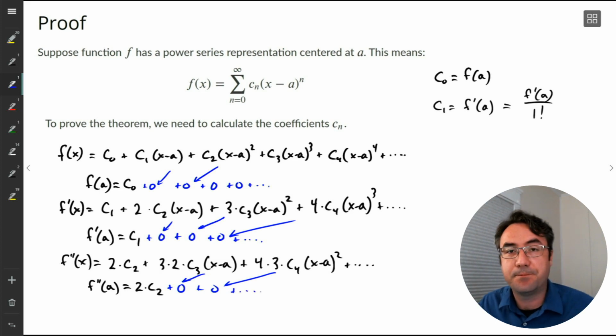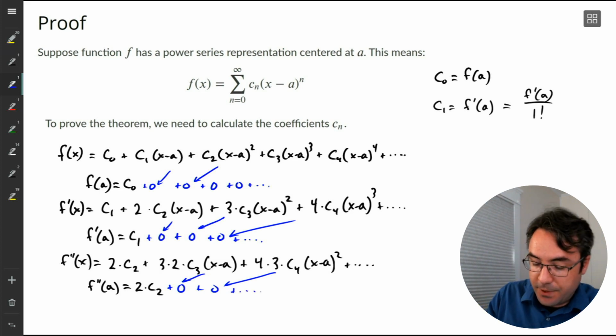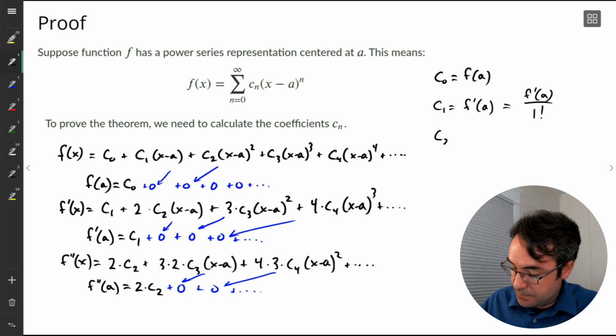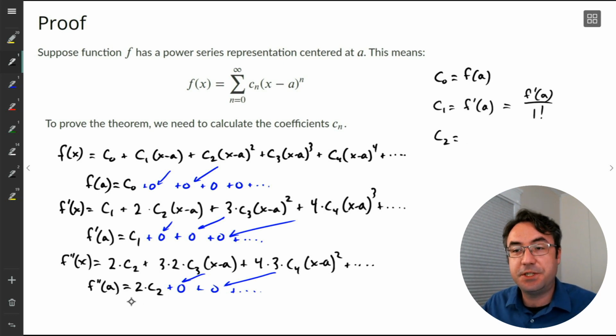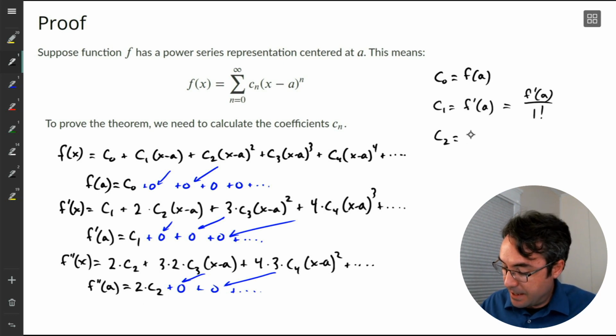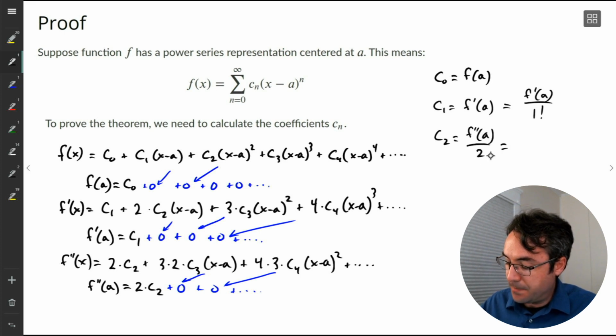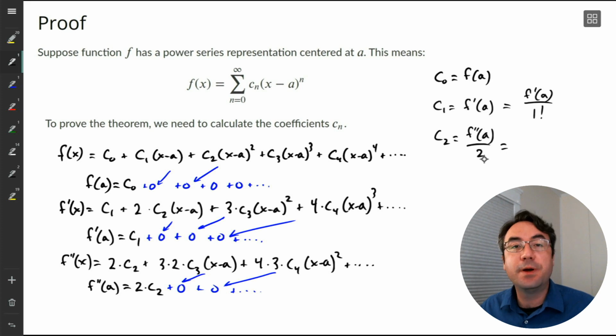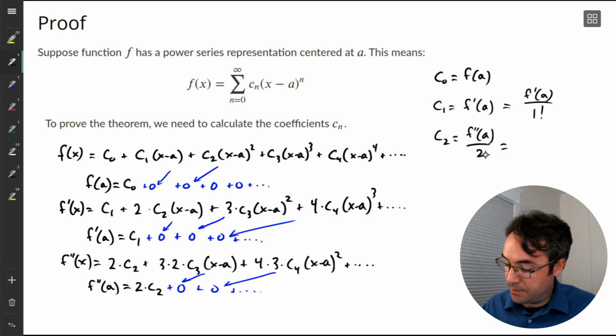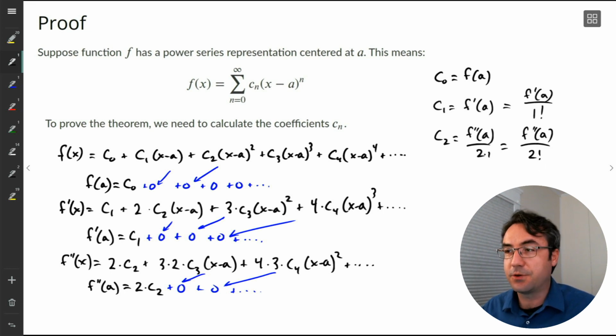It keeps going like that. And so if we solve this equation for c2, we're going to get f double prime divided by 2. And we can always multiply by 1, so we can think of this as the second derivative evaluated at a divided by 2 factorial.